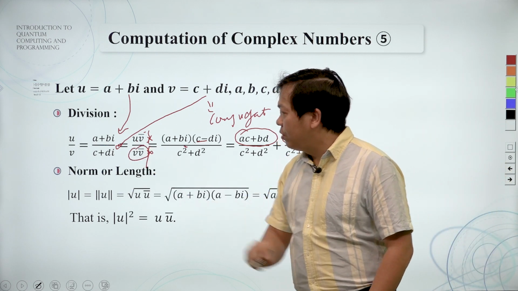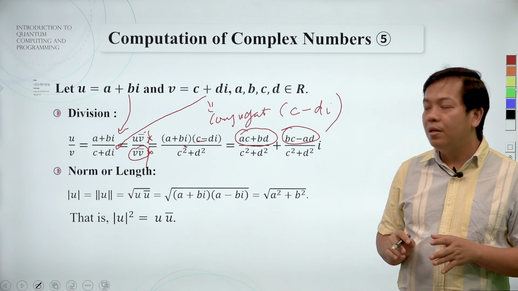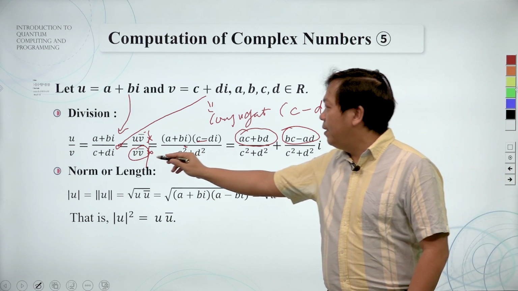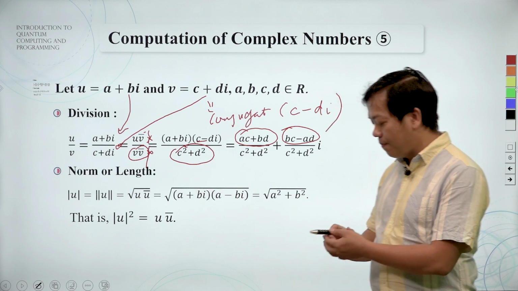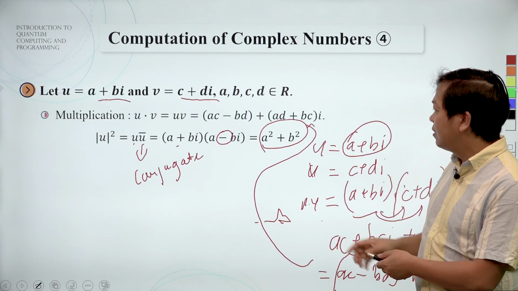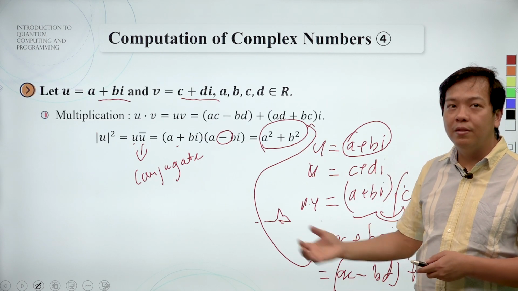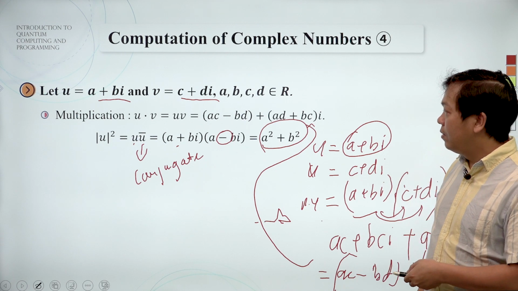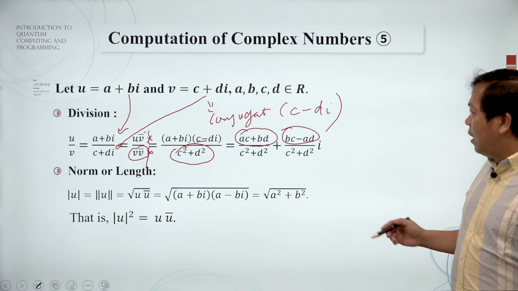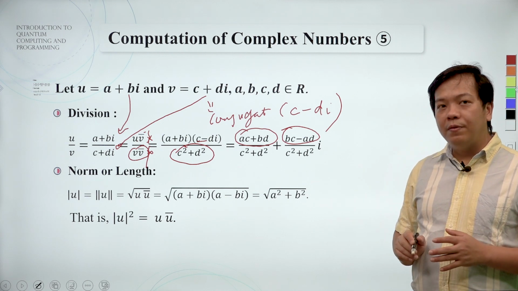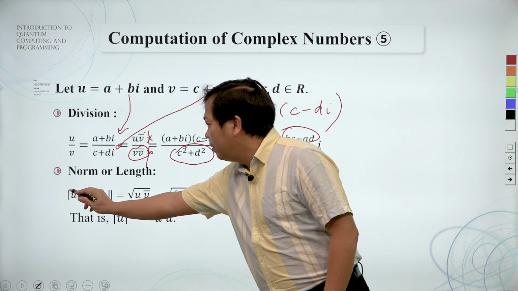Remember, we have two vectors. If the vector V is multiplied with the conjugate vector V, it is equal to this value from the previous slide. How do we calculate this V square? And about the norm, or length, of a vector.